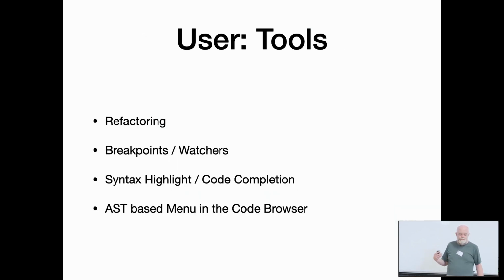So, as I said, our tools use that. As it comes from the Refactoring Browser, we of course use it for refactoring, so the original user is still there. Then we added something: the breakpoints are using the AST directly instead of manipulating bytecode, which is an interesting thing.